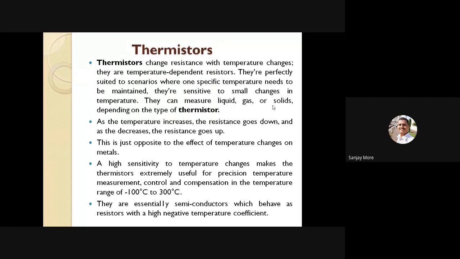Full stop. Next line. They are perfectly suited to scenarios where one specific temperature needs to be maintained.